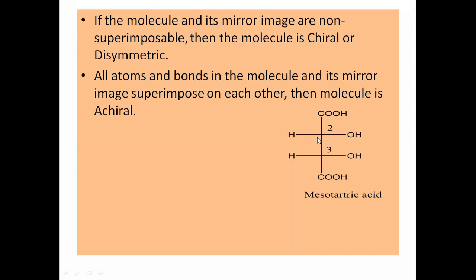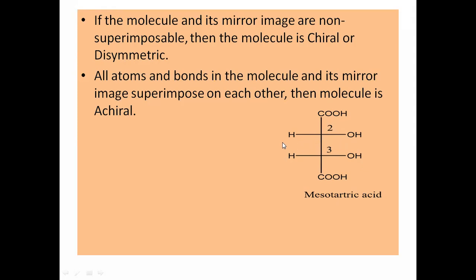So see here, an example. This is the tartaric acid. In the tartaric acid, the numbers shown, 2 and 3, these are the chiral centers. And why is it meso-tartaric acid?